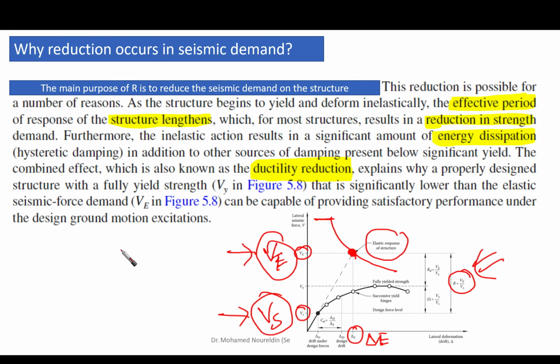The T of the system is going to change from T natural to T effective, because plastic hinges are going to form. So instead of Tn being 1 second, for example, T effective is going to be 1.2 or 2 seconds. So there is an increase in T.